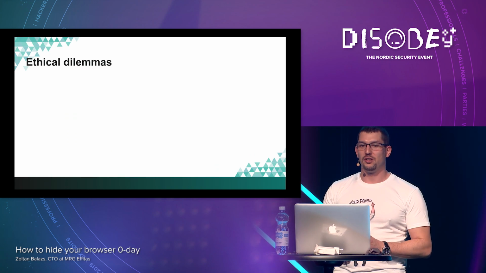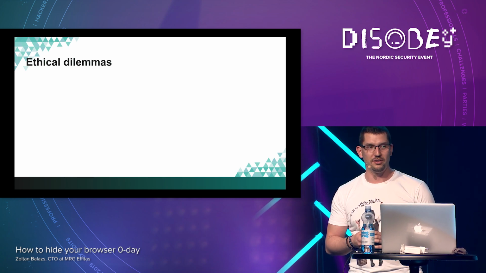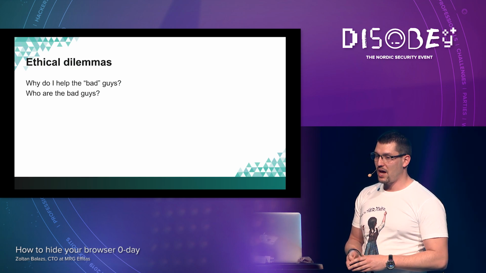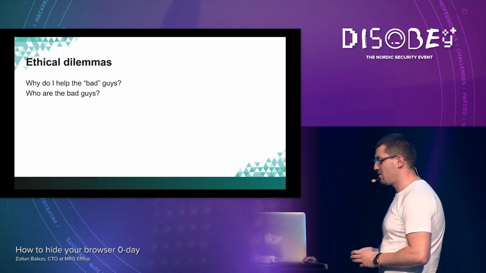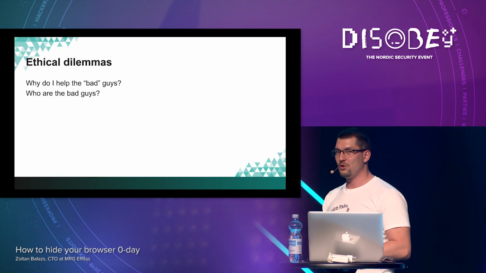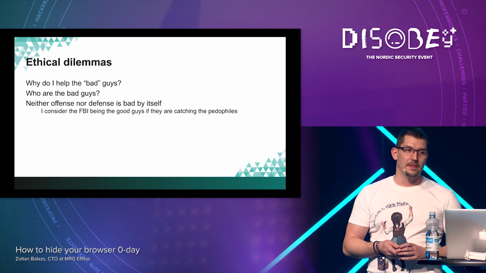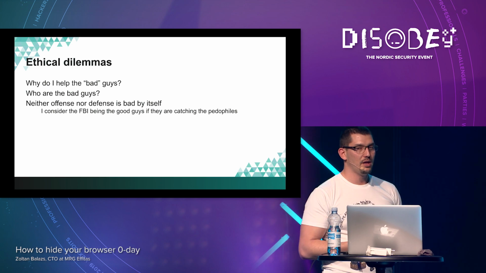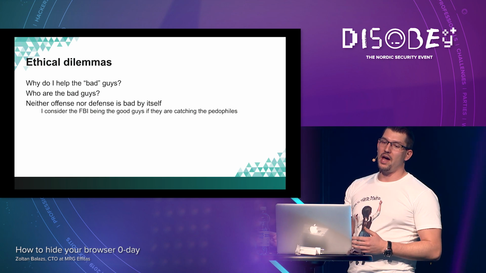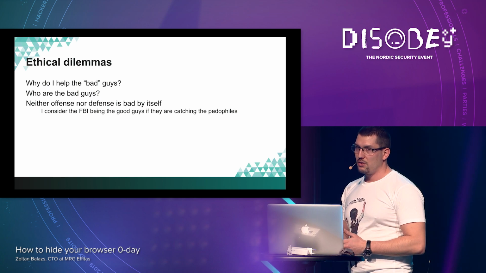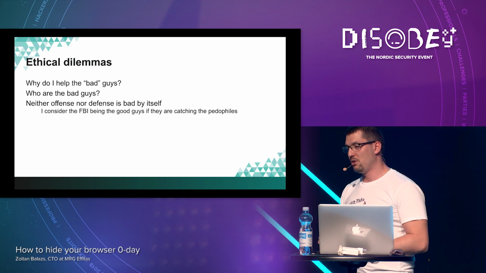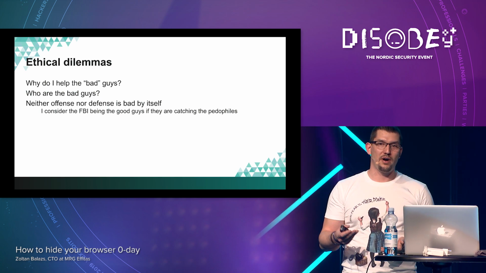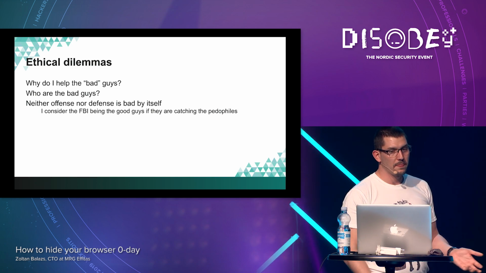As you might imagine, I did have some ethical dilemmas with this research. Like, why am I helping the bad guys? But actually, it's not that easy. And we should really ask, who are the bad guys? Neither offense nor defense is bad by itself. Whenever the FBI is using 0 days to catch pedophiles on the internet, and the only way they can do that is through Tor browser 0 days, then I'm fine with it that I'm helping them, right?